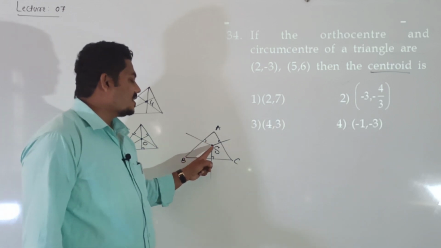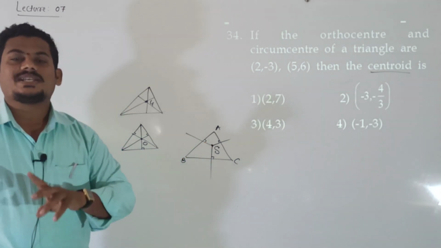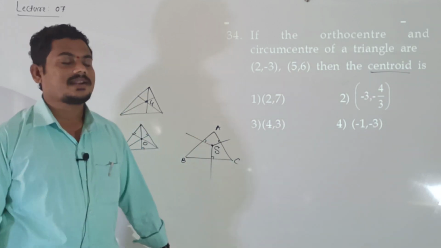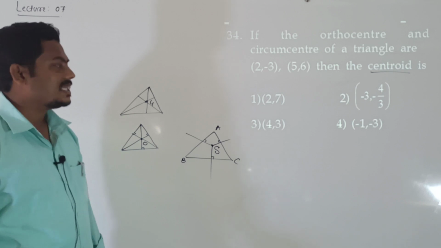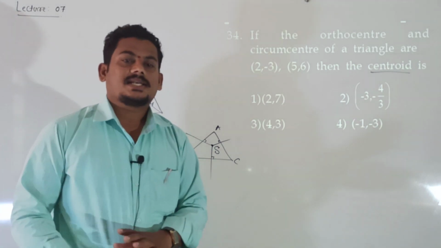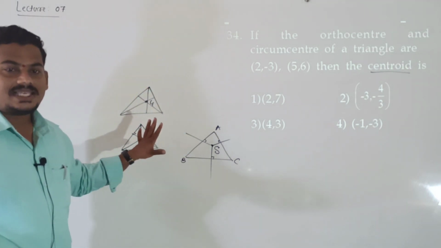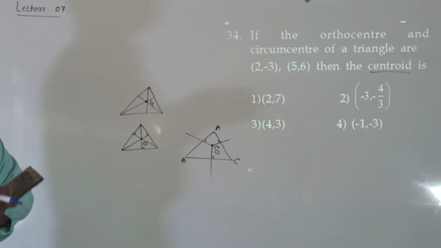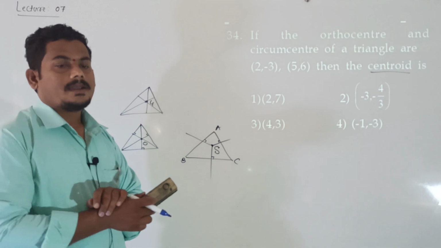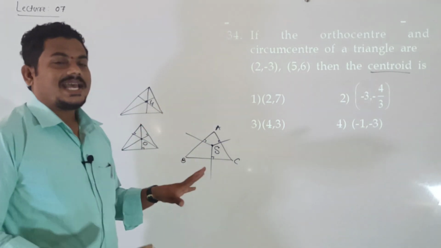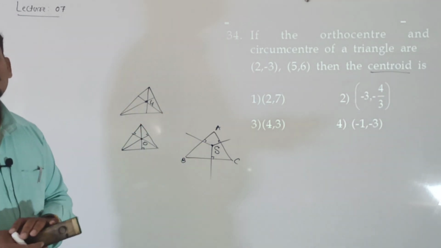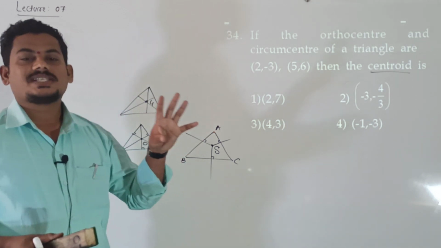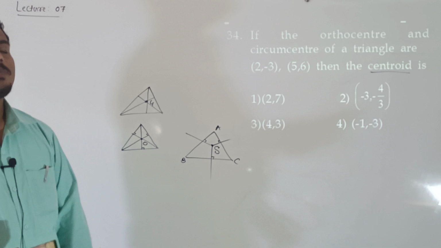The meeting point of perpendicular bisectors is known as circumcenter and it is denoted with S. And one more thing, suppose these three points, centroid, orthocenter and circumcenter, lie on the same line, then centroid divides orthocenter and circumcenter in the ratio of 2:1.